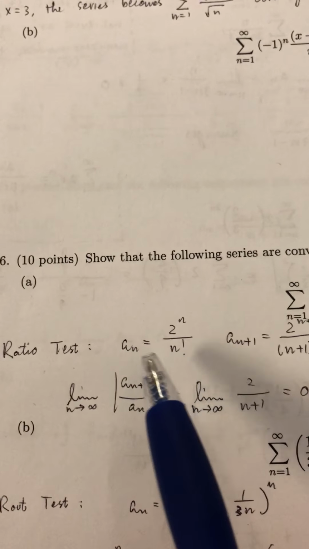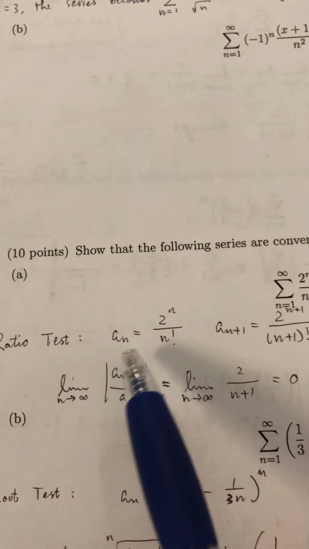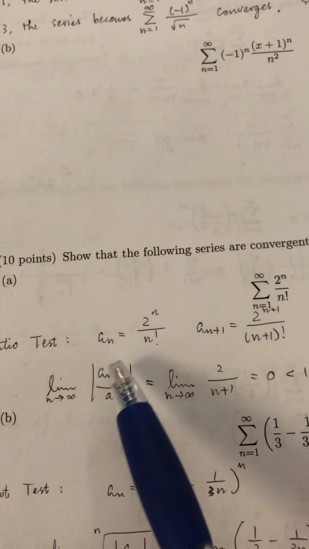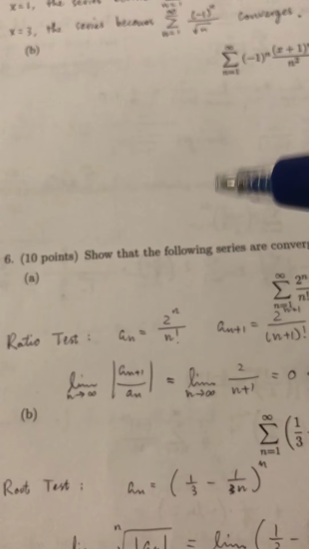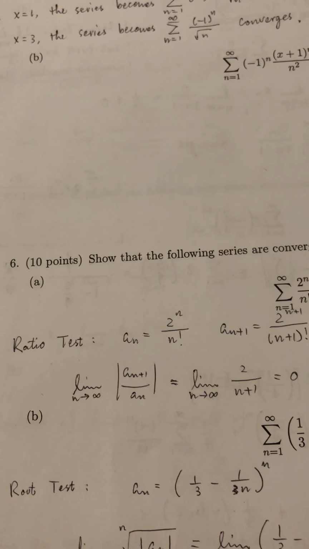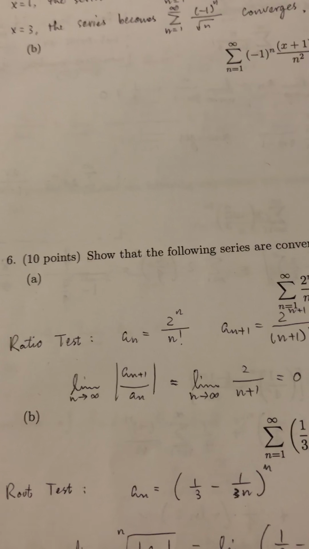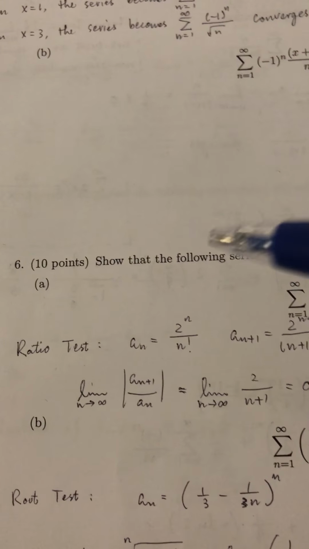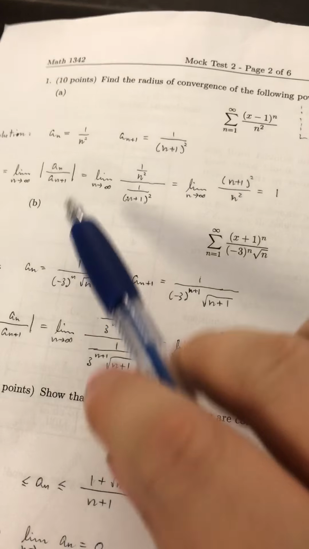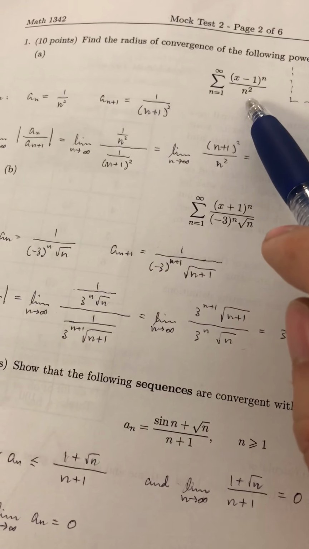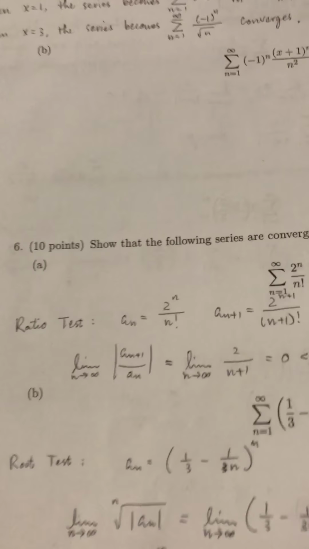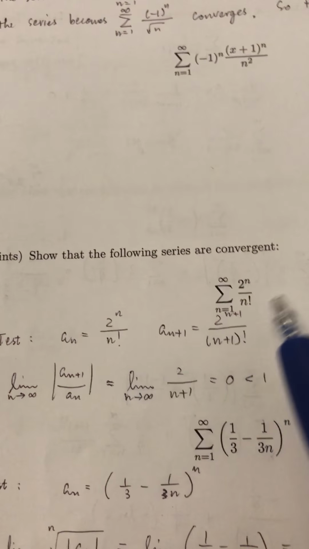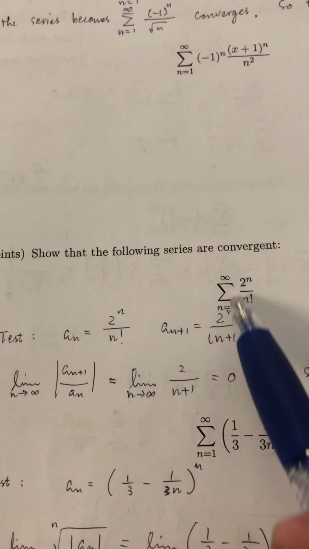Here, the general term is an. It is not the same as the formula for the radius of convergence. In that case, an is only the coefficient. But here, an is the general term in the sum.